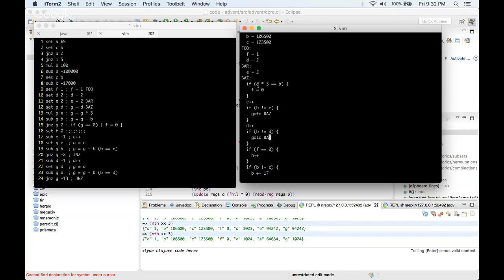So yeah, I wonder if I could just set B and C to be smaller values that nevertheless had 1,000 runs between them.